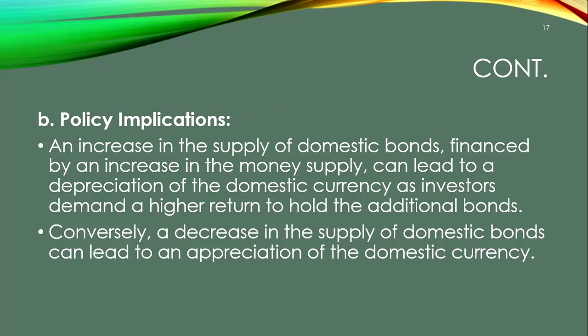Because it is increasing the amount of money in circulation, or money supply. Conversely, a decrease in supply of domestic bonds reduces the amount of money in circulation. So this one appreciates the domestic currency. In other words, less money in circulation reduces the money supply, and with money supply being low, the domestic currency tends to increase in value.